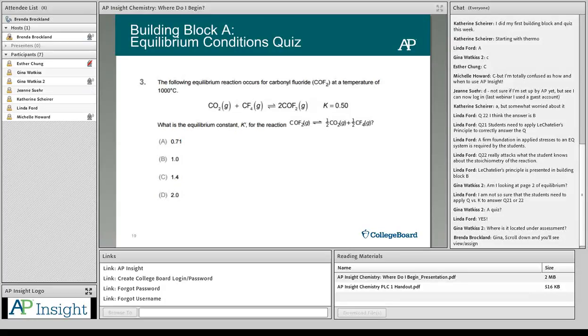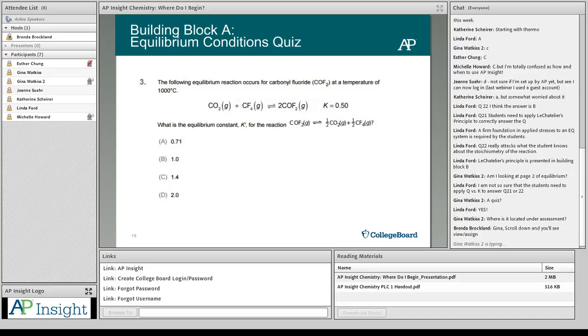Question 3 should be CO2 plus CF4. Okay, so if you're reversing the reaction, the K should be 1 over the K. So that would be 1 over 1/2, which would be 2. And then since you have half of the amount, it should be 1/2 of 2.